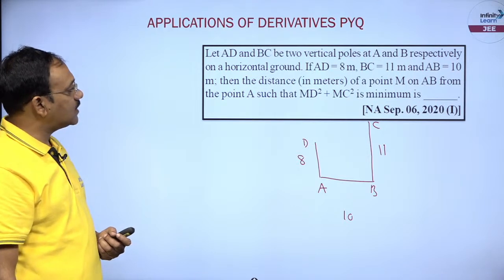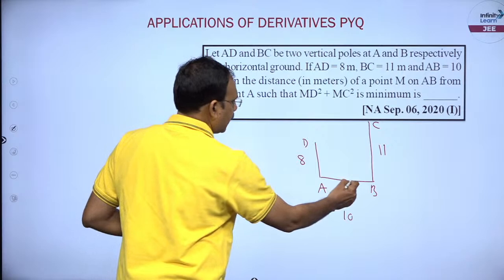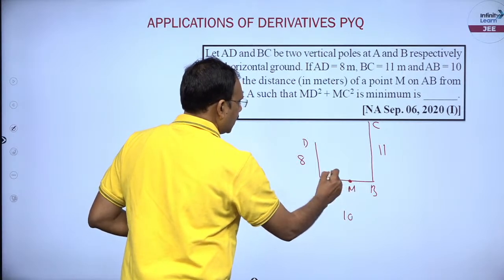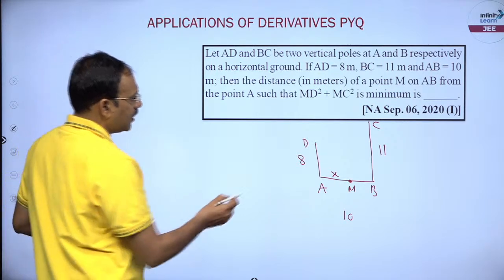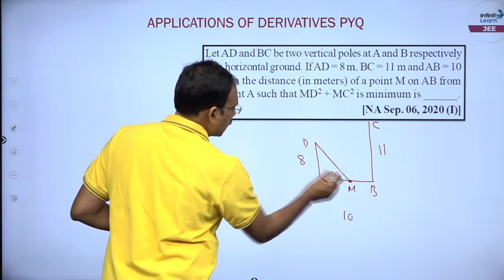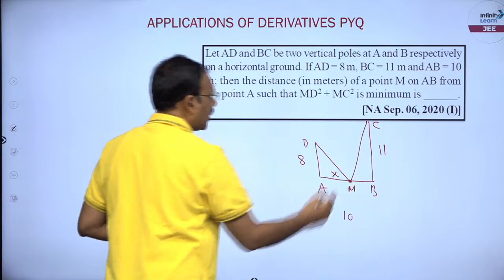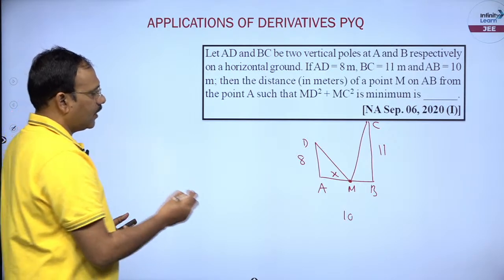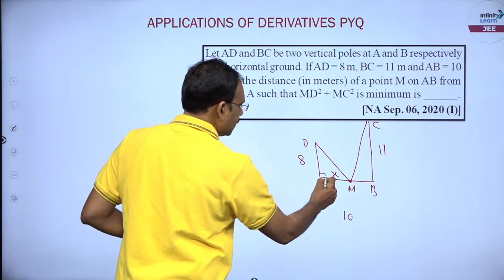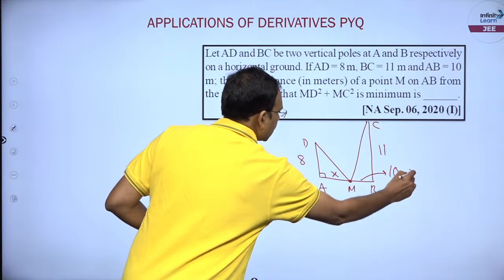Now, I want the distance of the point M on AB from the point A, suppose M is here, such that MD square, this distance square, plus MC square, this distance square, is minimum. Friends, by Pythagoras theorem, if this is x, this is going to be 10 minus x.